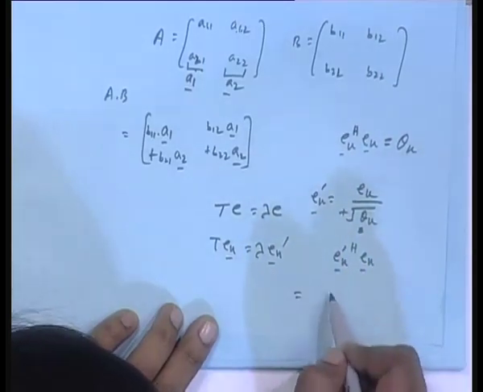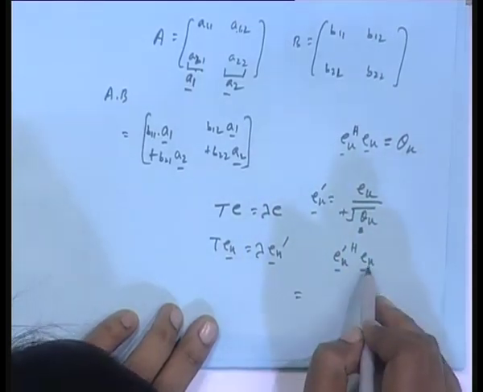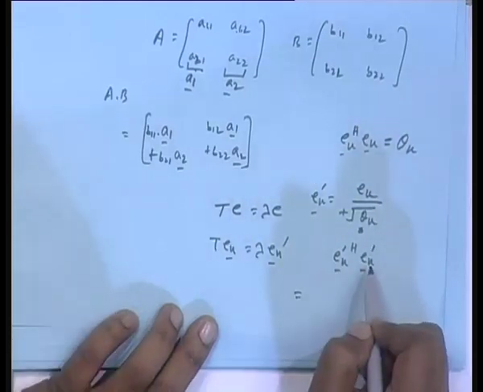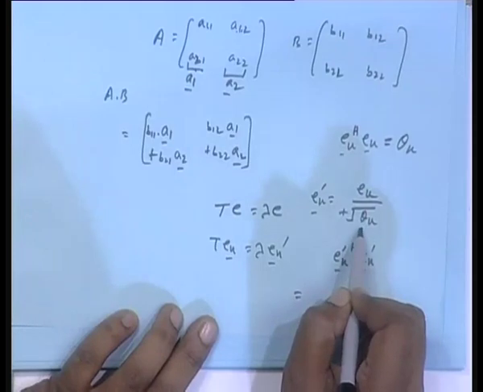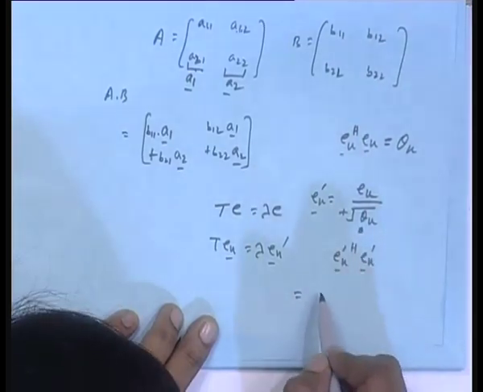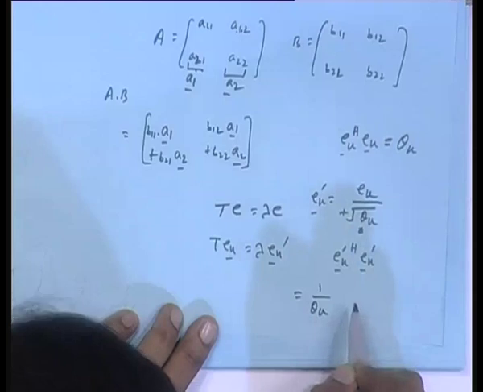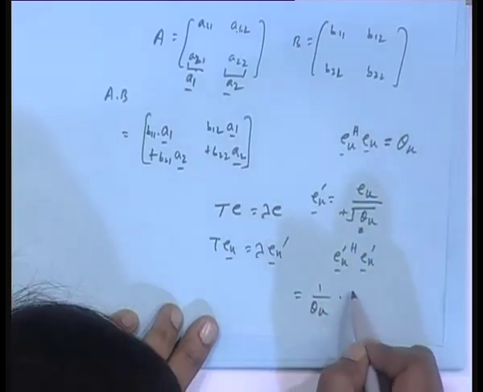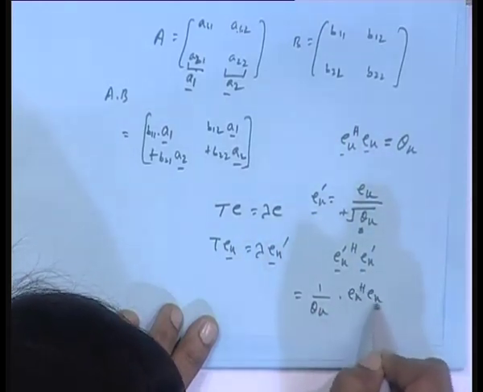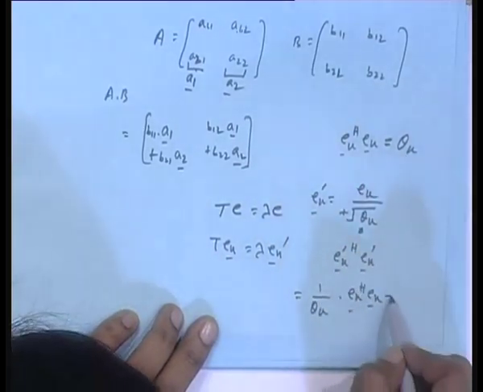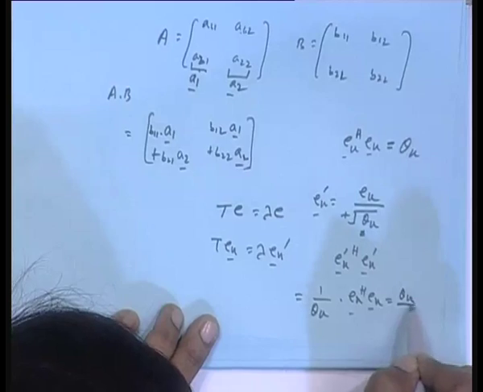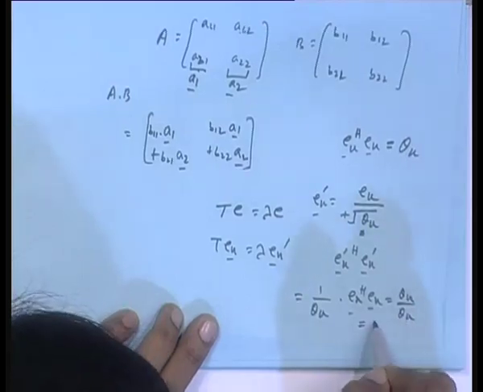And from E k prime also another square root of theta k will come. So, it will become theta k, the square root will go, and then E k Hermitian E k, and E k Hermitian E k itself is theta k. So, theta k by theta k is equal to 1.